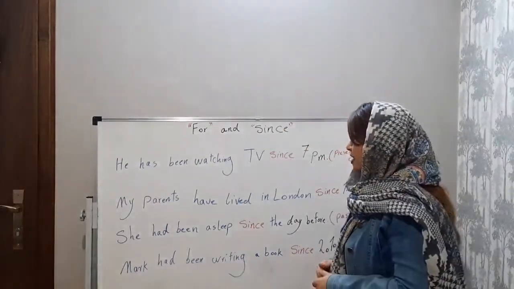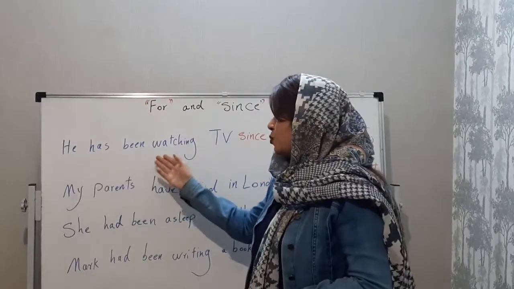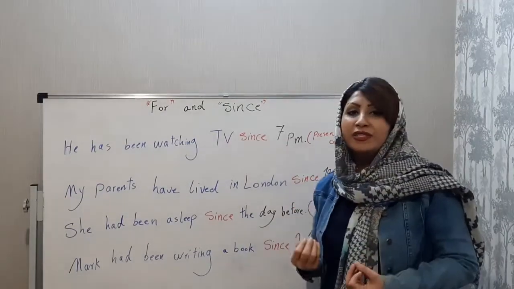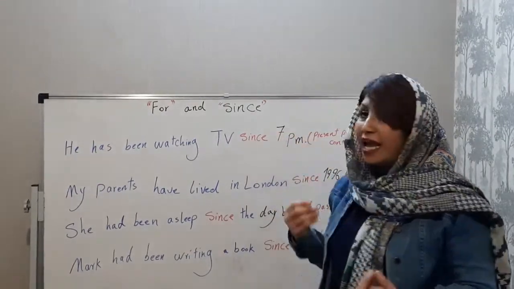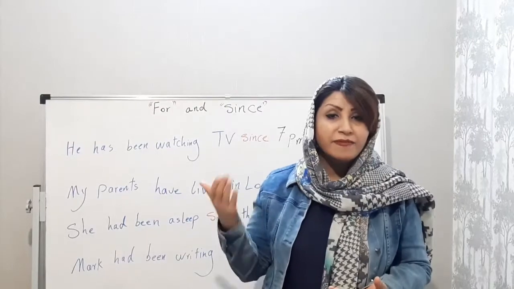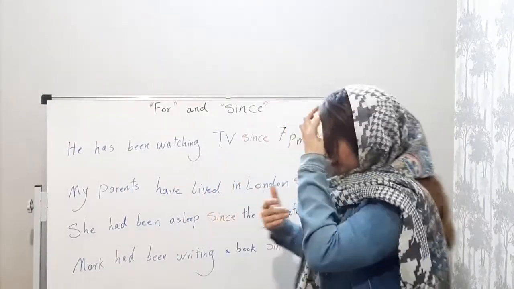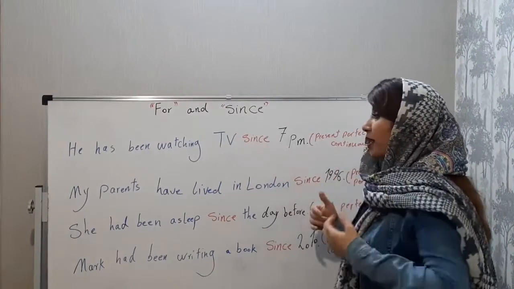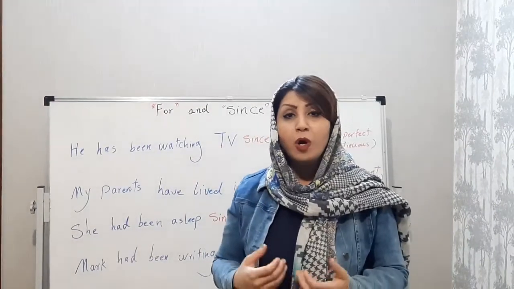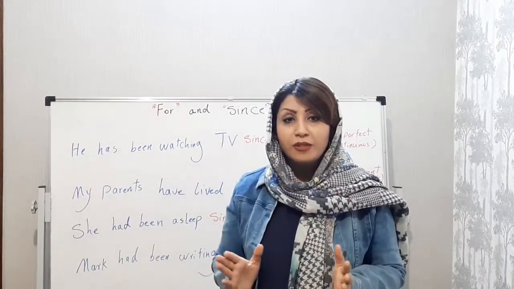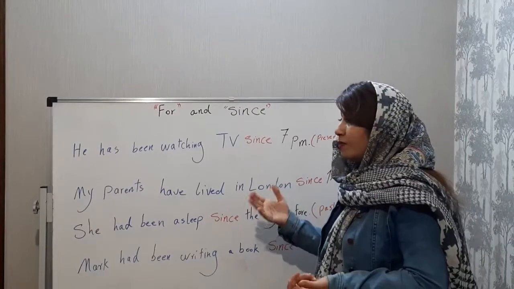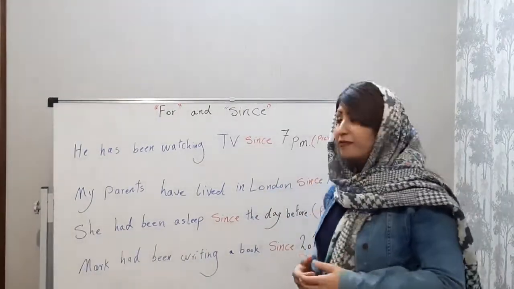The first example is: he has been watching TV since 7 p.m. We have 7 p.m. and it shows it started from 7 p.m. You should know that we don't use "since" for all tenses, just for perfect tenses.